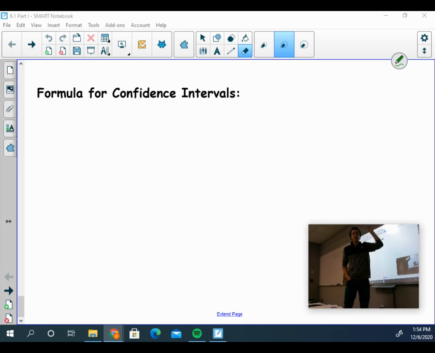If I want to be 90% confident in a set of numbers, I'm going to look at the normal curve and find the set of numbers such that 90% of the data is in between the two. Again, because the area under the normal curve is equal to probabilities. If I want to be 90% confident in something, find the two values such that 90% of the data is between those two values under the normal curve.